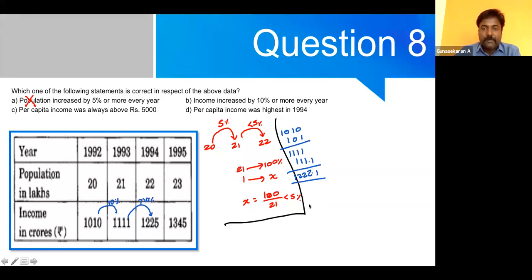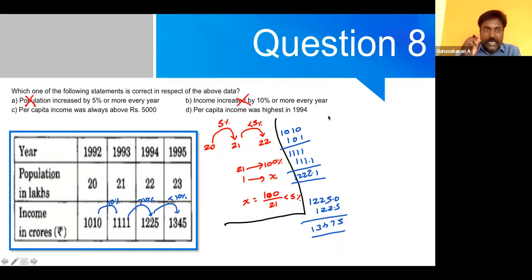Fine. From 1 to 2.5, 1347, but it is less than 10%. Understand? 94 to 95 is wrong. So B is also wrong.